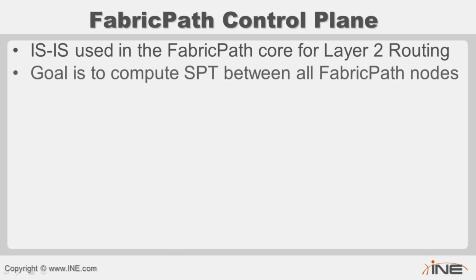The goal of using IS-IS is that we're going to compute a shortest path tree, or the SPT, in order to figure out what are the valid paths between the nodes of the FabricPath network. Now, we'll see there's a key difference when we look at FabricPath versus Overlay Transport Virtualization, or OTV, where both of these protocols do use IS-IS in the control plane.